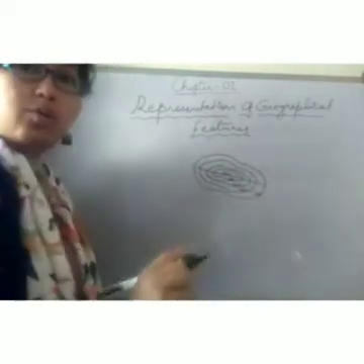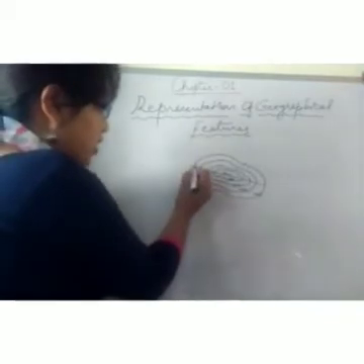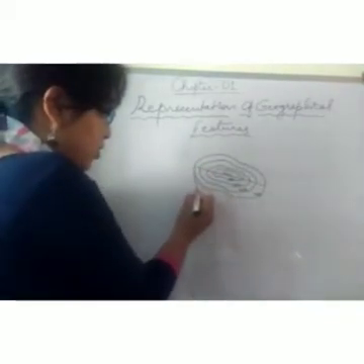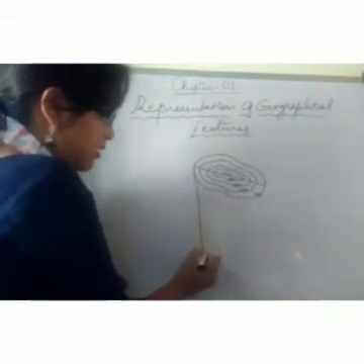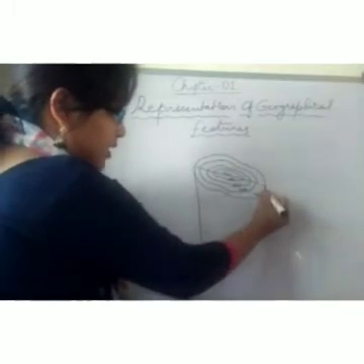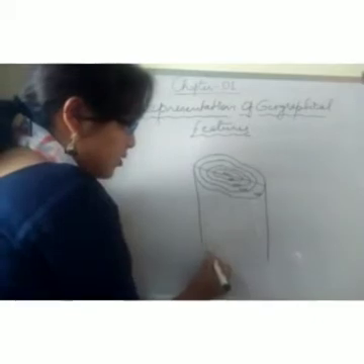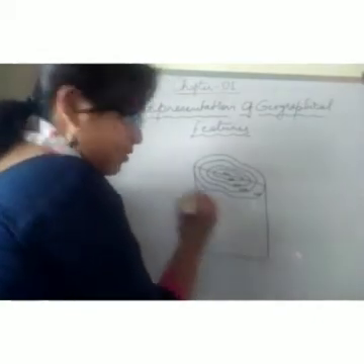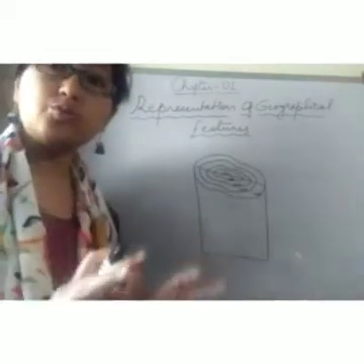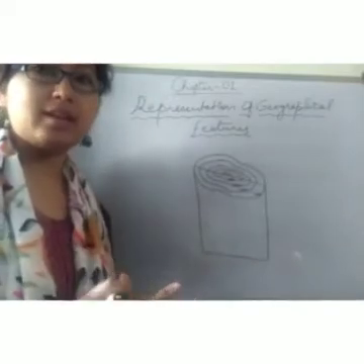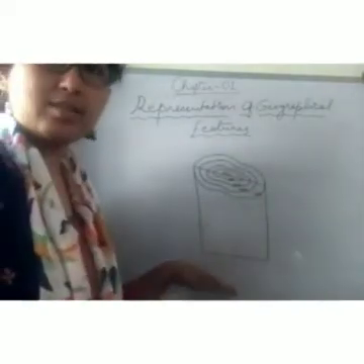Now join this horizontal line with the vertical line like this, and close the line like this. You are going to use a scale to draw these lines.